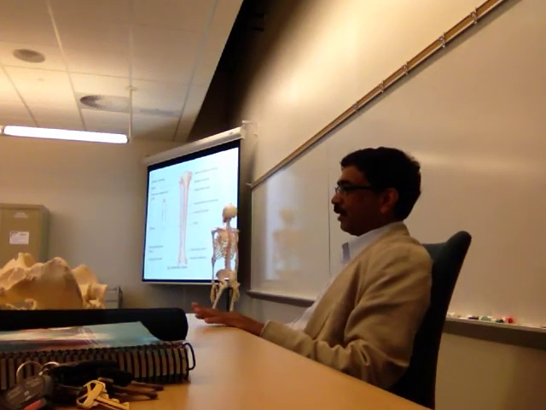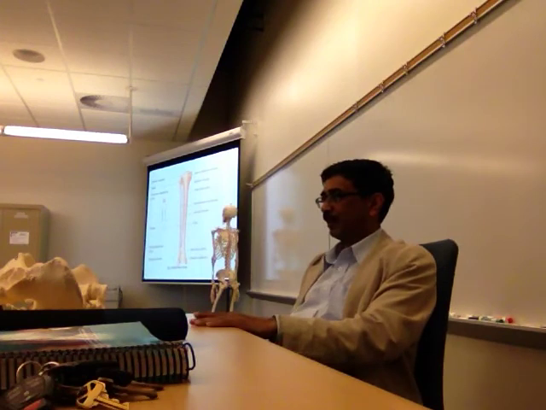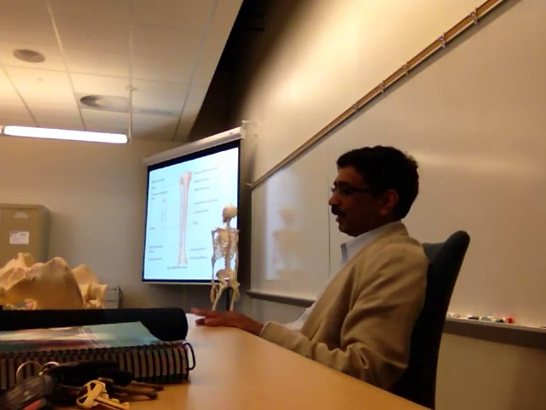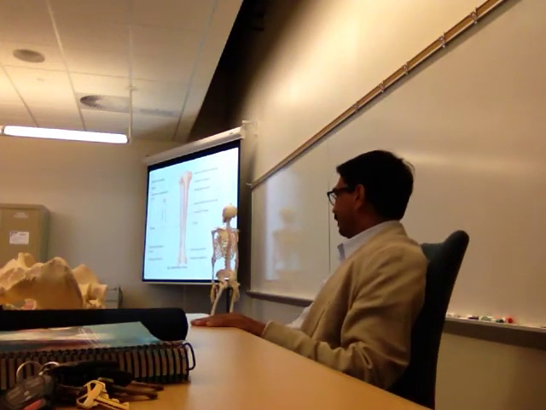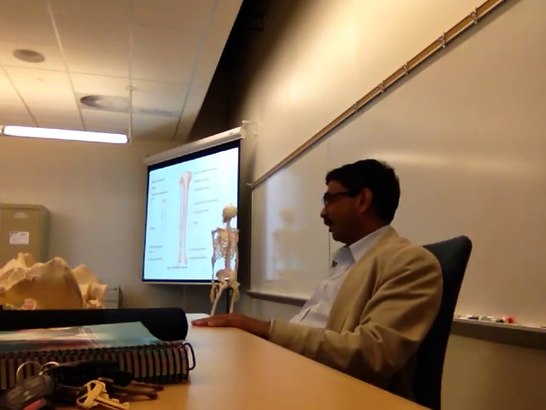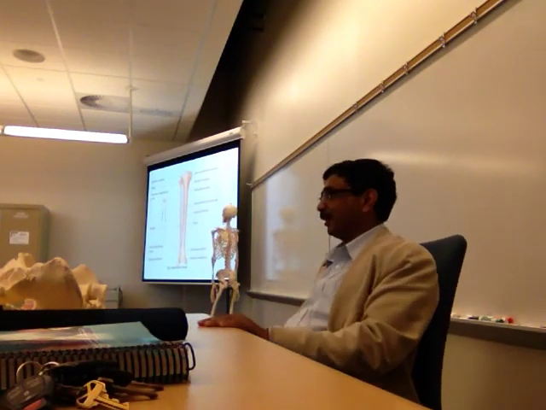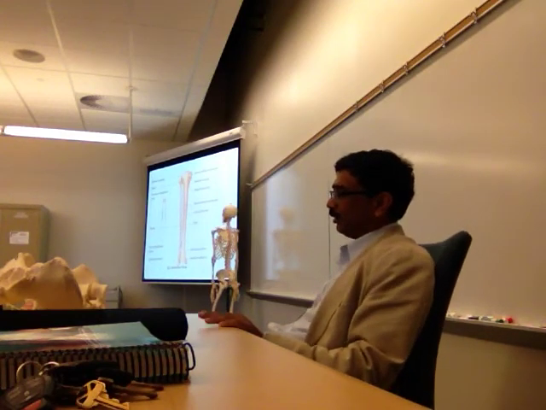Okay? The patellar ligament comes from the patella. That's why it is called the patellar ligament. So the ligament comes down from the patella, and that gets attached to the tibial tuberosity.